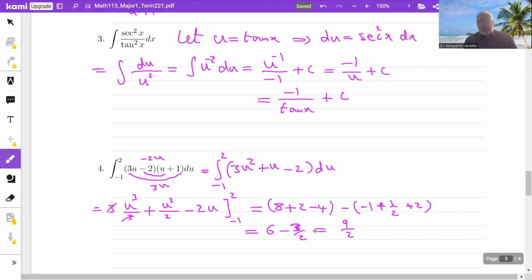Let me check. Of course, you can check your answer. 8 plus 2, 10 minus 4, 6. 1 plus 1 over 2, that's 3 over 2. I can check even the original integral. 3u square plus u minus 2.